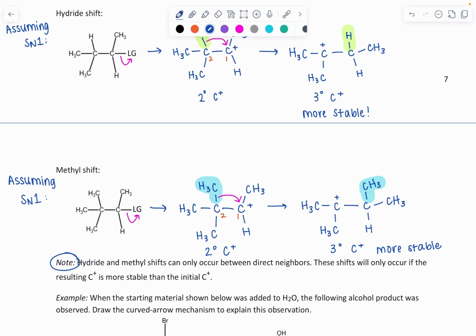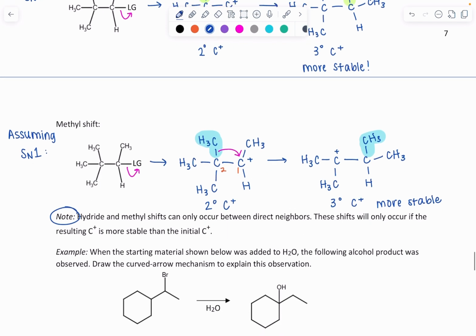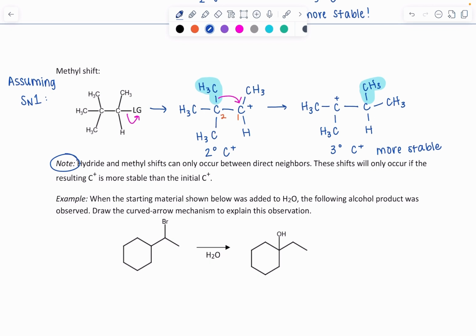Now there is usually some indication that a hydride or methyl shift may have occurred. This is an example. This says when starting material was added to H2O, this alcohol product was observed. Draw the curved arrow mechanism to explain this observation. Wherever the leaving group is, so this carbon, that's where the nucleophile bonds, but in this case it's at a different location.